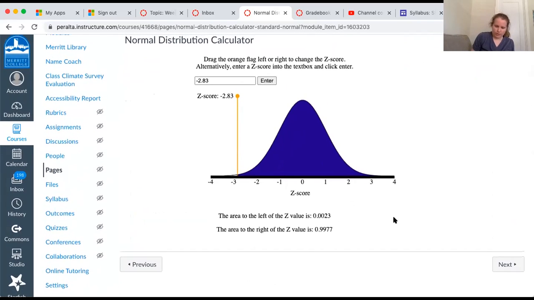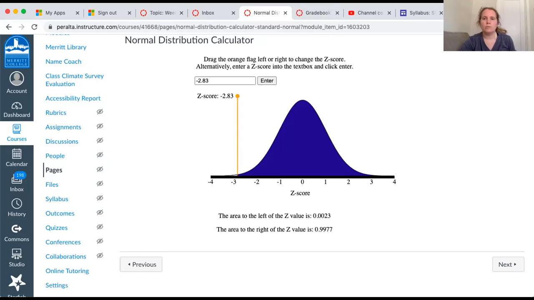We are looking for the area to the left. So the area to the left is 0.0023. I will transfer back to the writing in a moment. I'm just going to copy down that number.